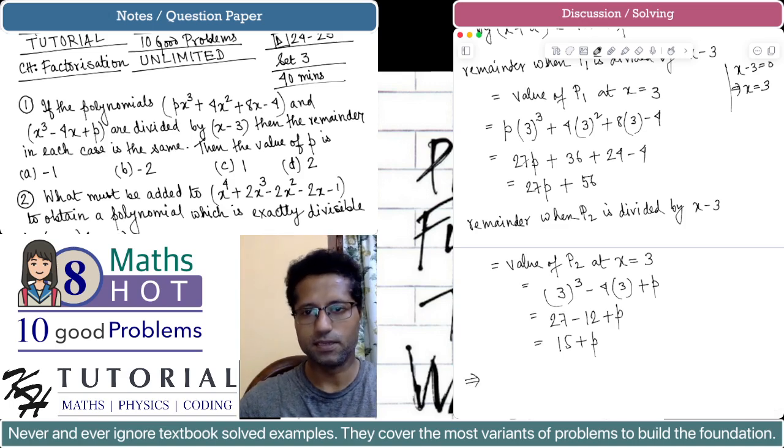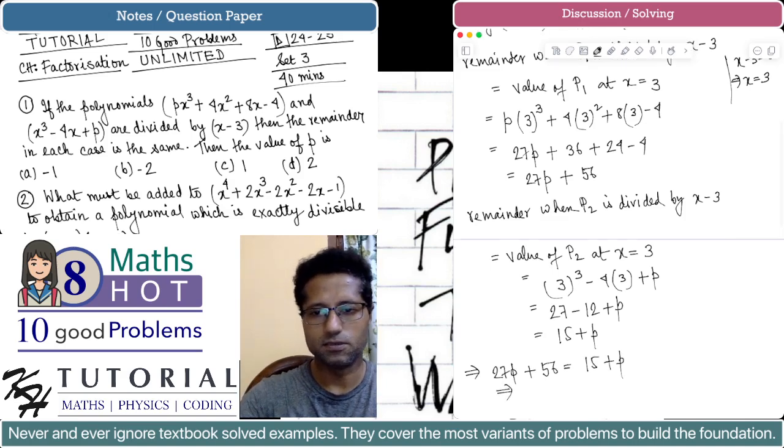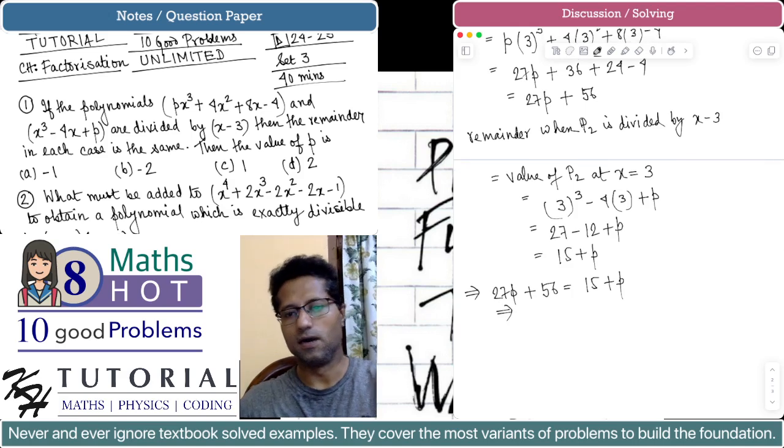So we can say that 27p plus 56 is equal to 15 plus p. This becomes a linear equation in the unknown p.